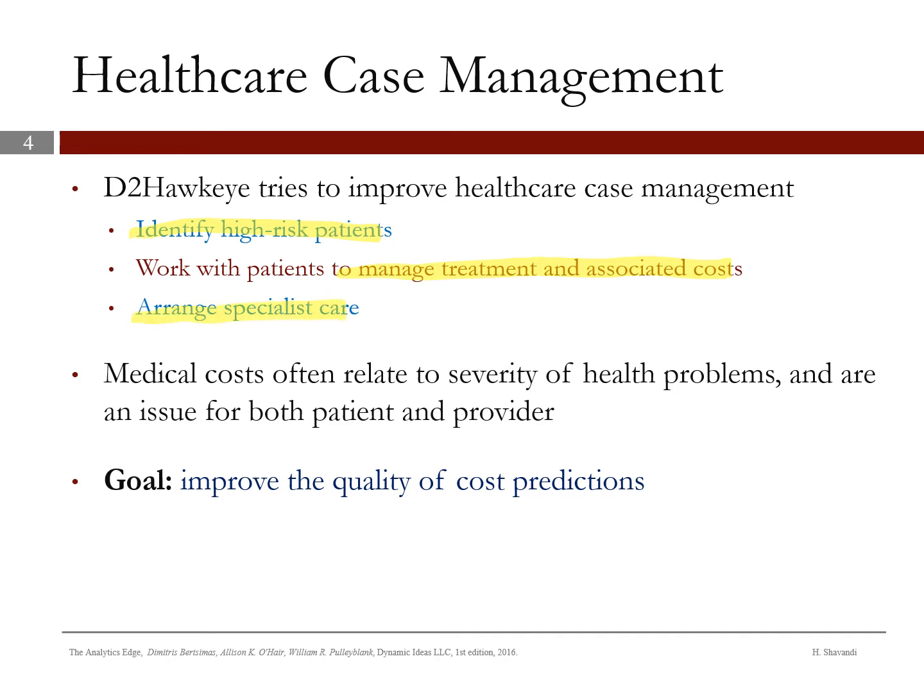This is called the process of healthcare case management. D2 Hawkeye tries to improve this process by using analytics. Based on this definition, we can say the main goal of D2 Hawkeye is to improve the quality of cost predictions.